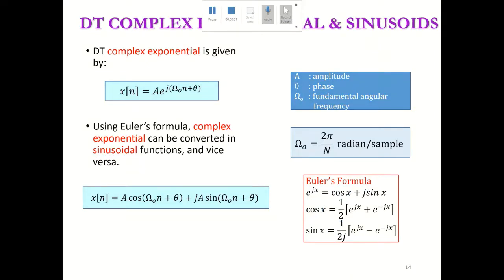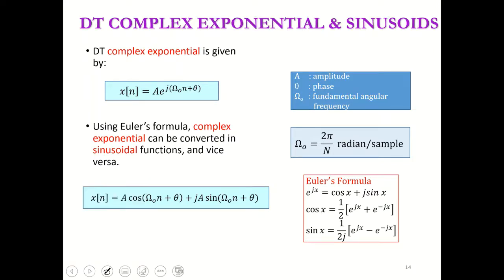Now let's see how can we find fundamental angular frequency. Right, the fundamental angular frequency can be found by using this equation. Omega naught equals 2π over N, in which 2π is the angle that it takes to complete one cycle of the signal, and N is actually the fundamental period.